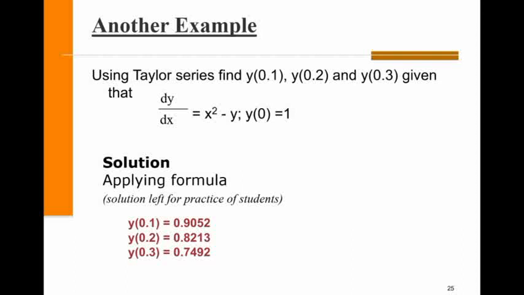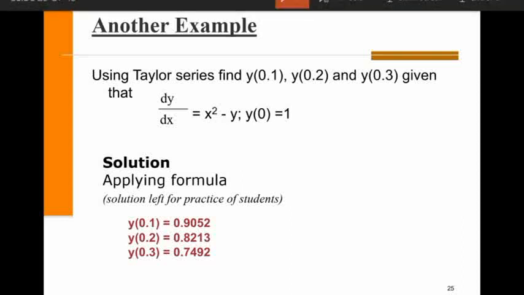Another example. Again I have left this solution part for students for practice purposes. So you can calculate yourself, you can get the values, and you can compare the result with my values, right? So this is your slope now, this is your initial value, x naught is 0 and y naught is 1.